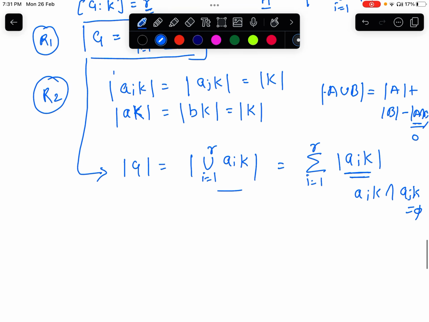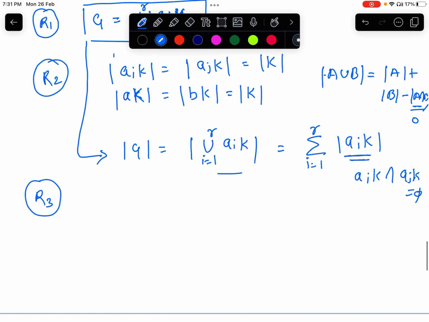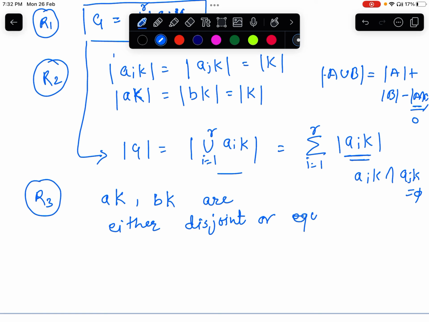One more result we need to know is that two left cosets AK and BK are either disjoint or equal. That means this is AK and this is BK.